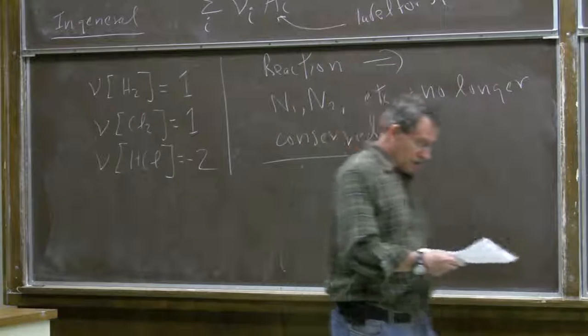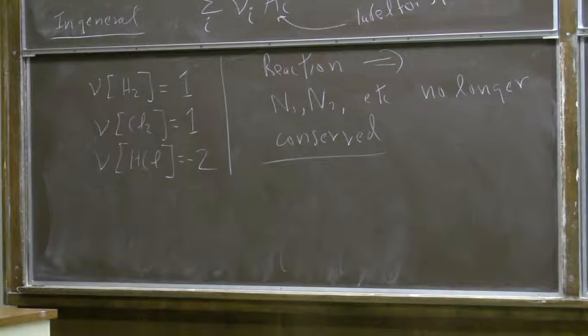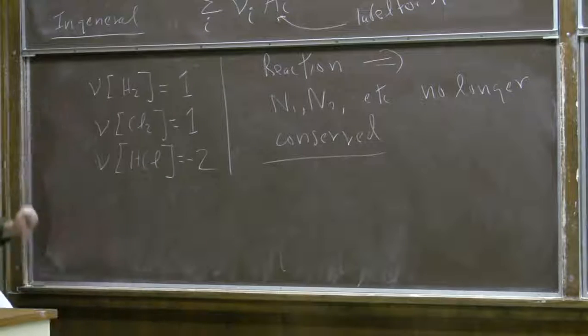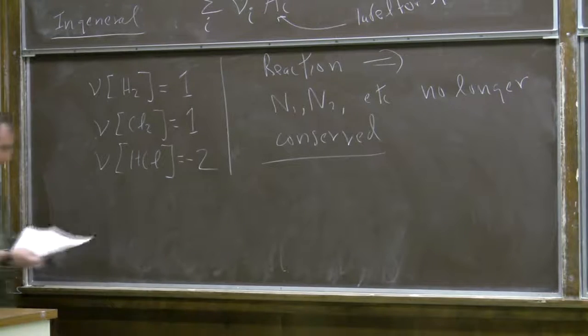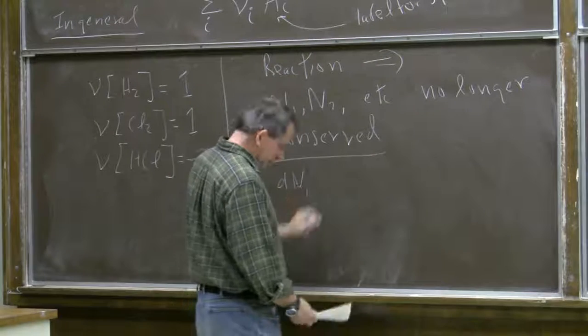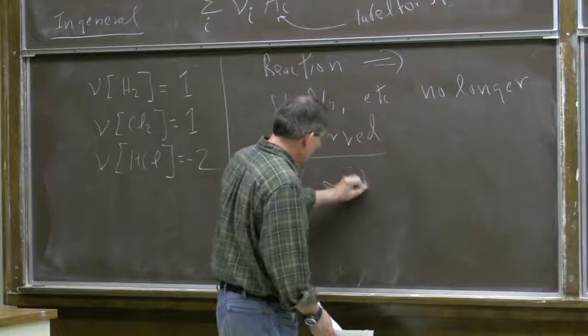They can change, but the way they change is constrained by the chemical reaction. Namely, there's a relationship between the changes in N1, N2, etc. The change in Ni is proportional to the quantity nu i.